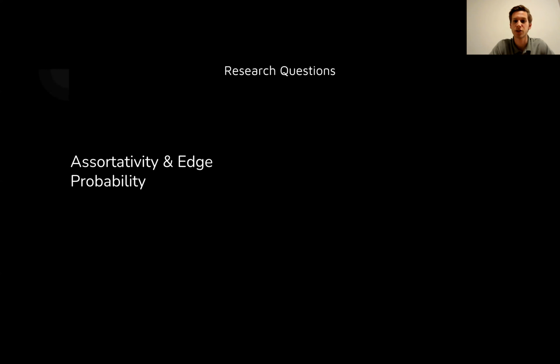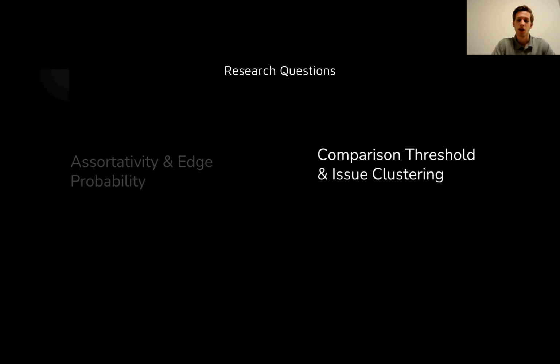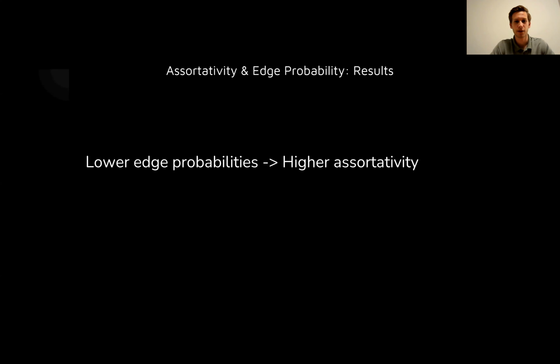So next, we're going to move into our research questions. One research question that we had is, what effect does edge probability have on assortativity? And by assortativity, we mean polarization. And then next we had, what effect does the comparison threshold have on issue clustering? So first, we're going to go into assortativity and edge probabilities.